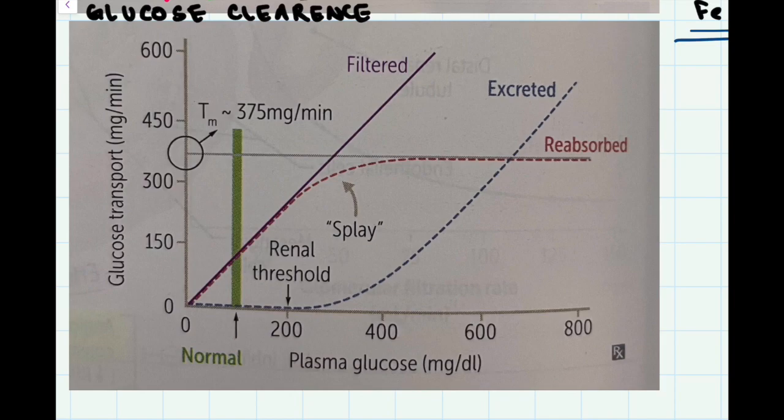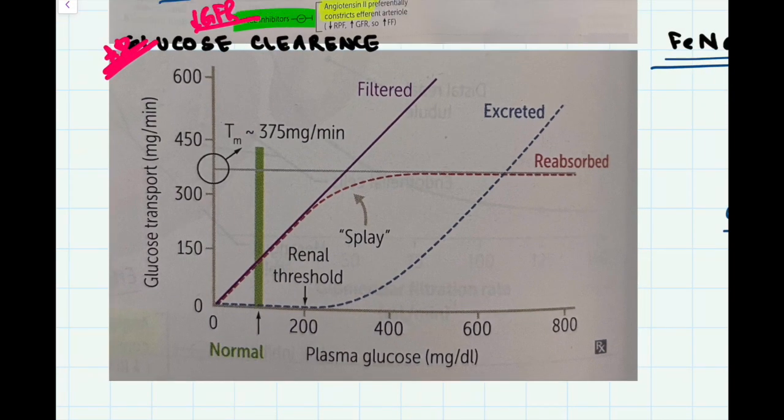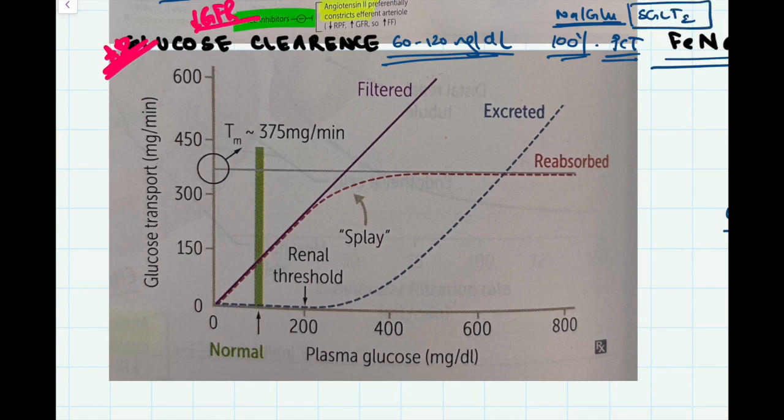So glucose, this is very important, and numericals based on this are asked as well. So what happens is that glucose at normal plasma level ranges between 60 to 120 milligram per deciliter, right? And if the concentration is in this range, glucose is completely reabsorbed, that is 100% reabsorbed in the PCT by the sodium glucose co-transporter, the SGLT2.